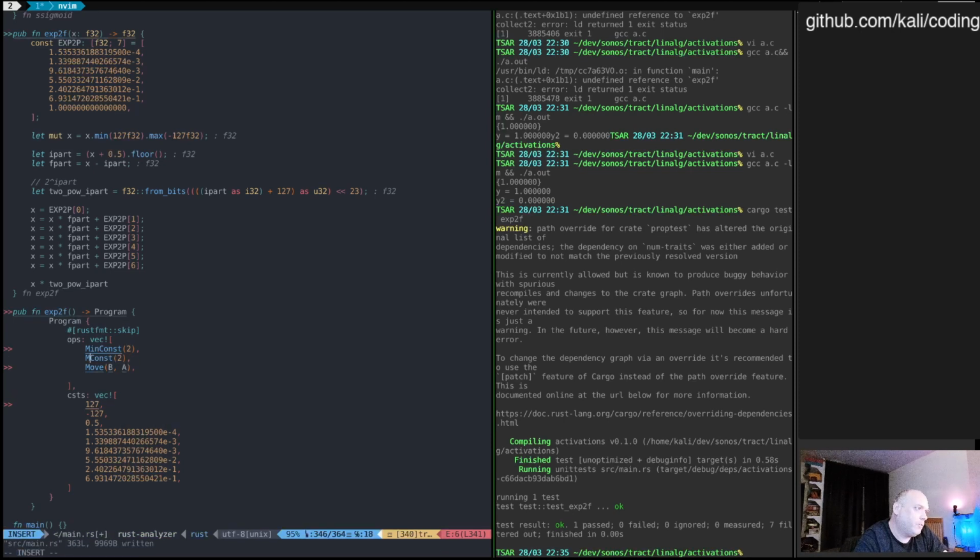Then max const with 3, so that's the clamping in minus 127 plus 127. From there on, I'm moving x to b to preserve it, because I will need it there.